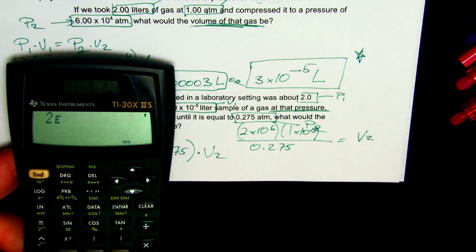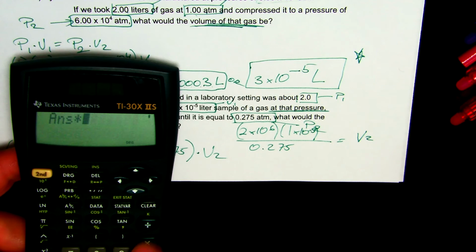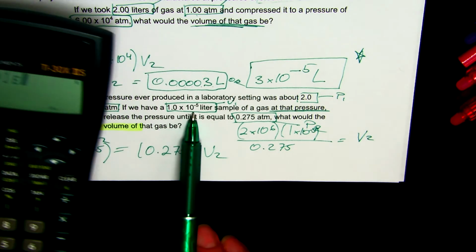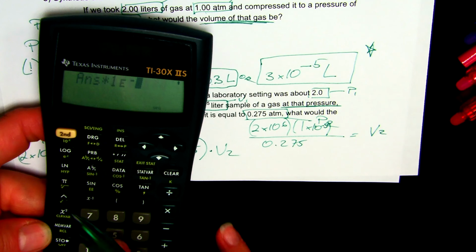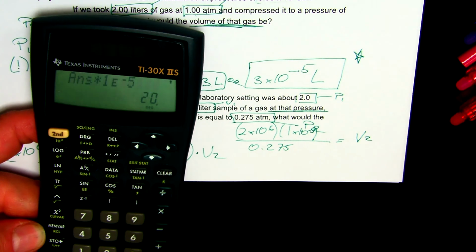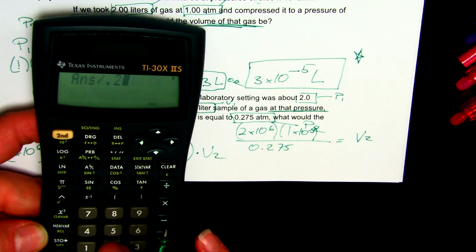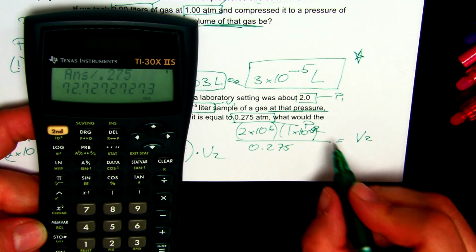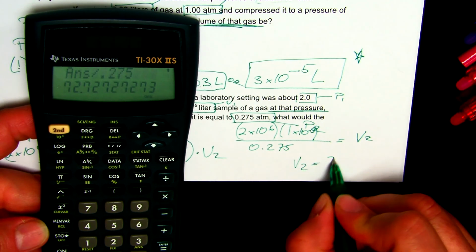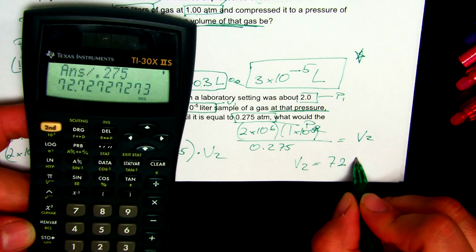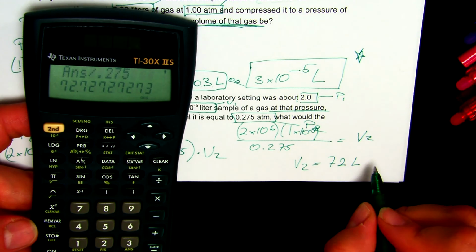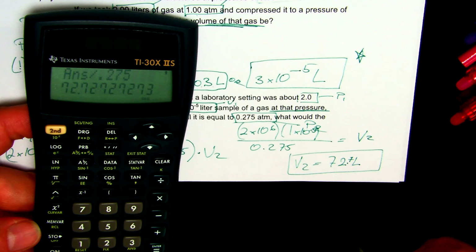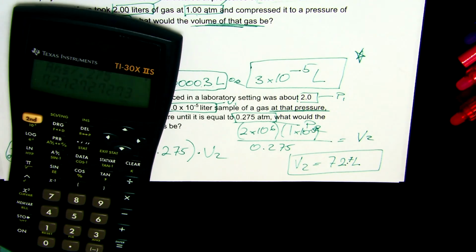Two times 10 to the 6th times 1 times 10 to the negative 5th, divided by 0.275. What did you get? 72. That's right. V2 is 72 liters. Or 72.7 liters, which is almost 73 liters. And that's how you do it.